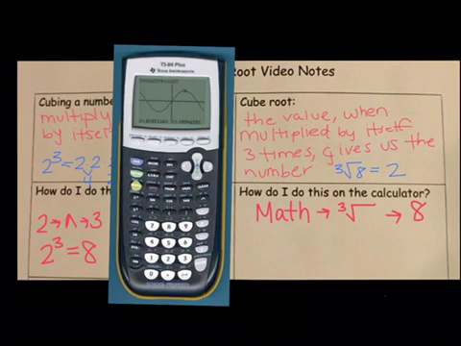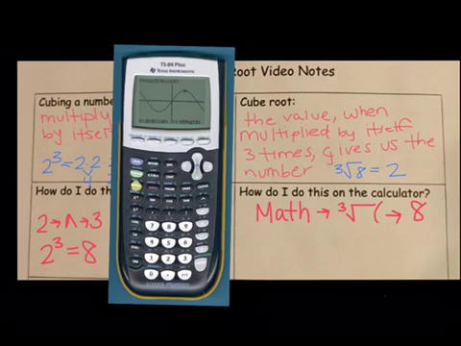I believe it's number 4 on your calculator. It has the cube root and then one parenthesis. You press enter or press number 4, and the cube root should pop up on your screen.